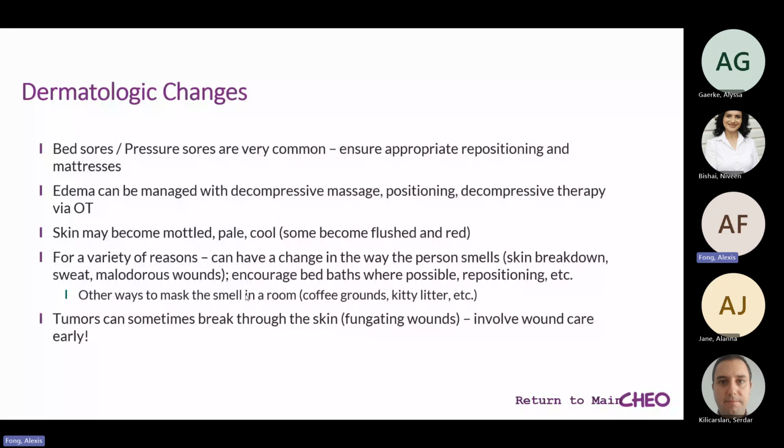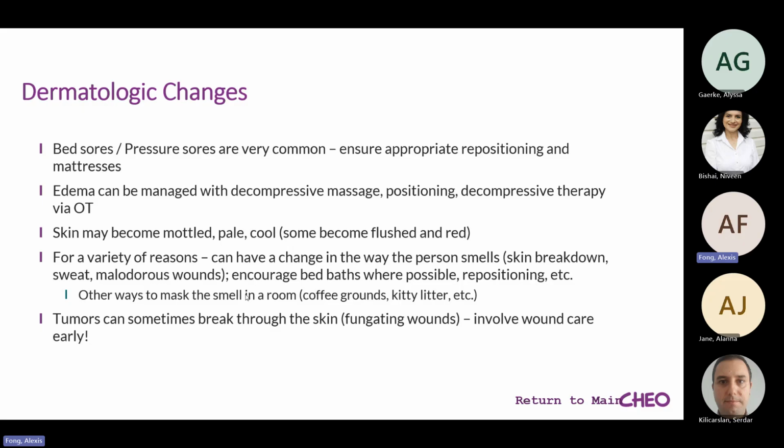I also always warn parents that skin changes are very common. So some kiddos become mottled, pale, cool, and at other times kids might become really flushed and red towards end of life. And then just to say, for a variety of reasons, individuals can have a change in the way that they smell. Their skin breakdown, sweat, malodorous wounds.